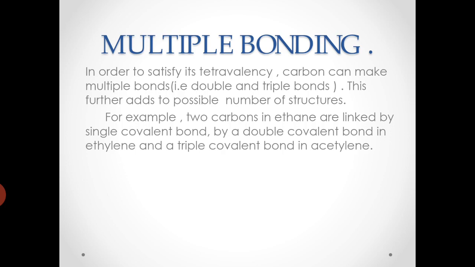The carbons in ethane are linked by a single covalent bond, by a double covalent bond in ethylene. Ethylene and acetylene are unsaturated. Ethylene, which we can also call ethene, has a double bond, while acetylene, which is also called ethyne, has a triple covalent bond. So carbon satisfies its tetravalency by forming double and triple covalent bonds.